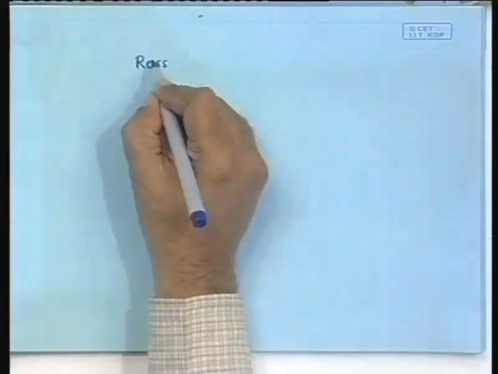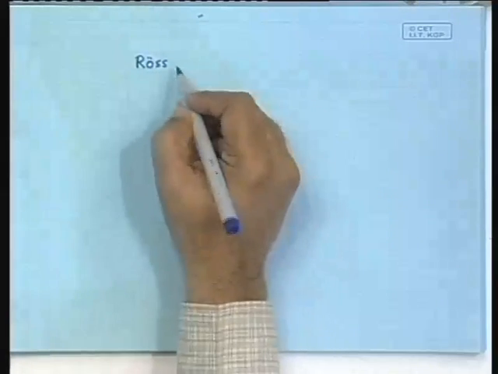Today let us look at some other mechanisms of generation of chaos, just in order to get you comfortable with the idea. Today let us start with what is known as the Roessler equation, R-O-S-S, this is umlaut.